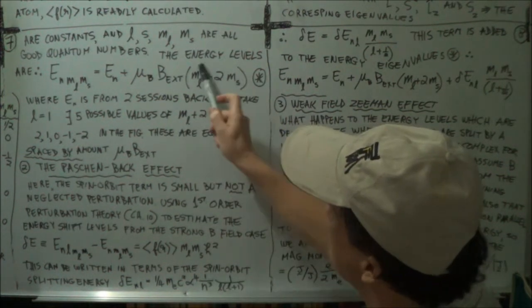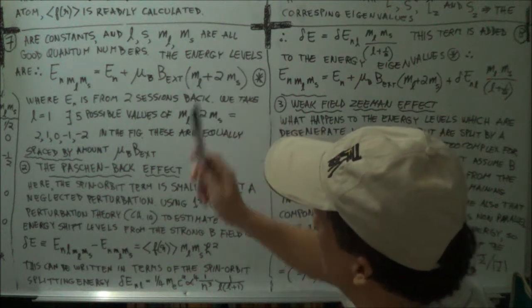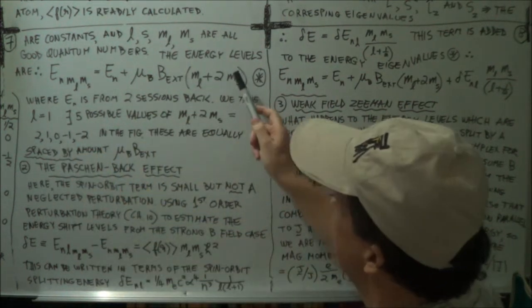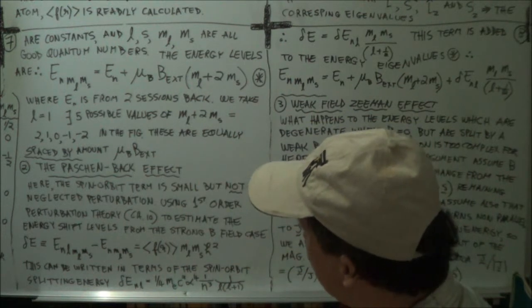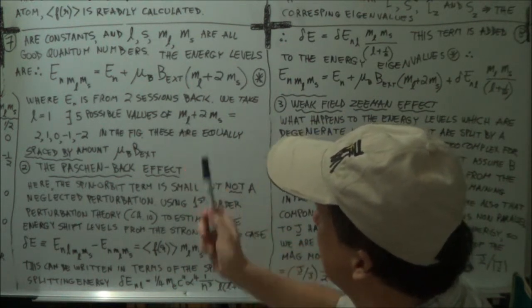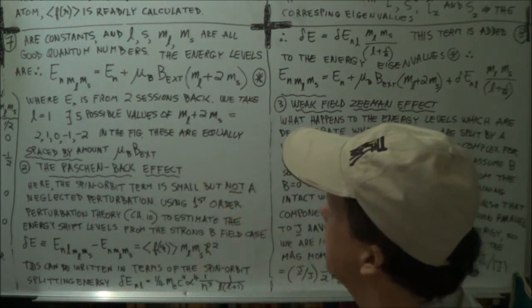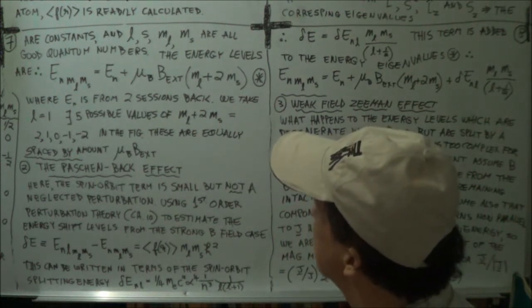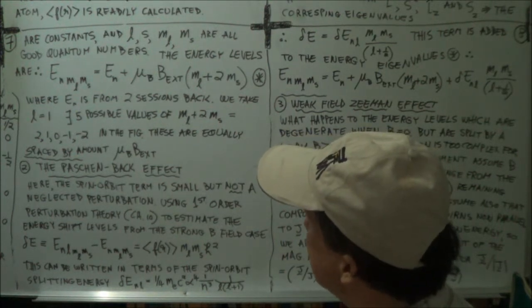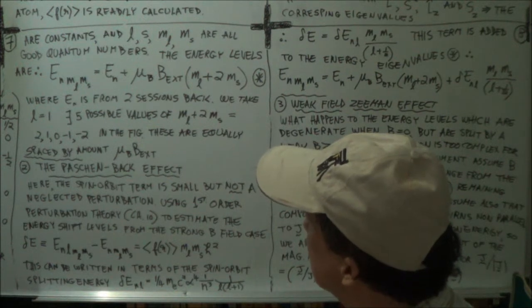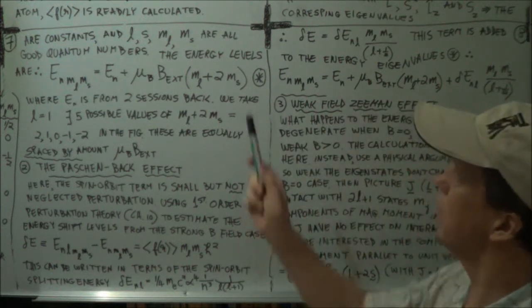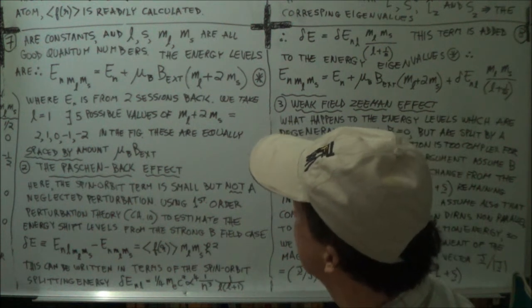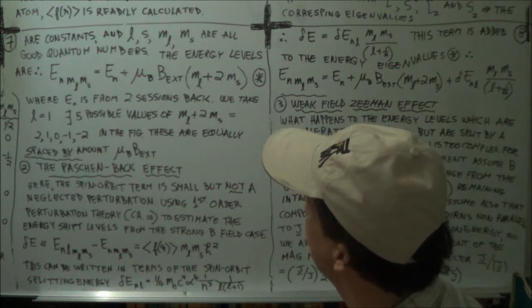All right, so what are these values? Well, we've been assuming that L is 1, and M_S can be plus or minus a half. So the text is saying there are 5 possible values for this. Now, does that make sense? How can that be?